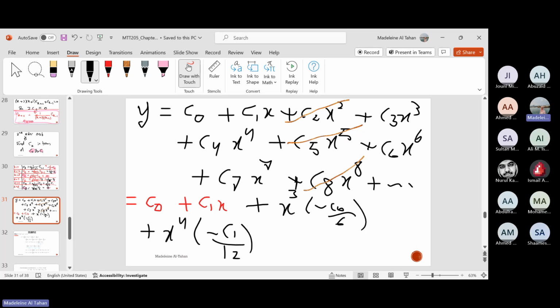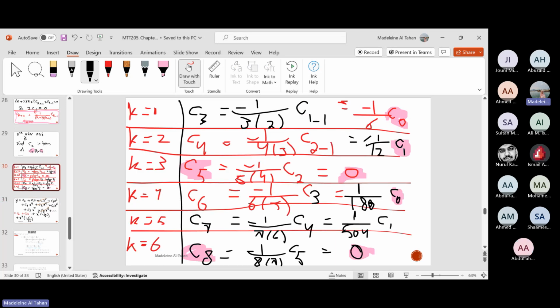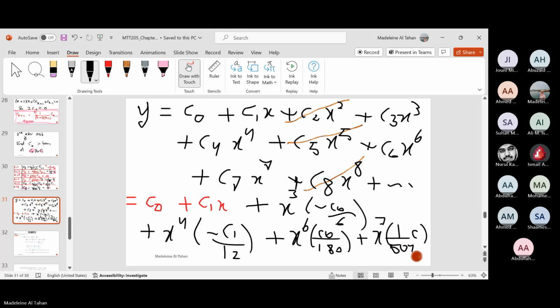C6 x6, what was C6, miss? 1 over 180, right? Plus x6, C0 over 180, plus the last one, C7, it was 1 over 504, C1, and we put plus.